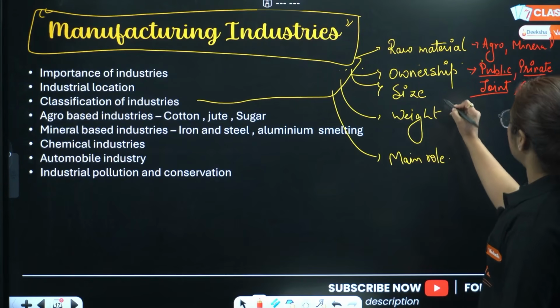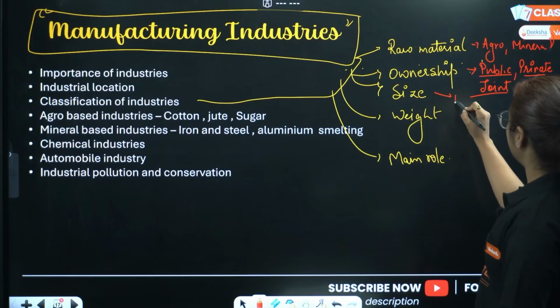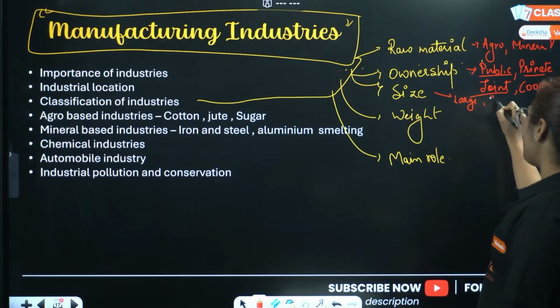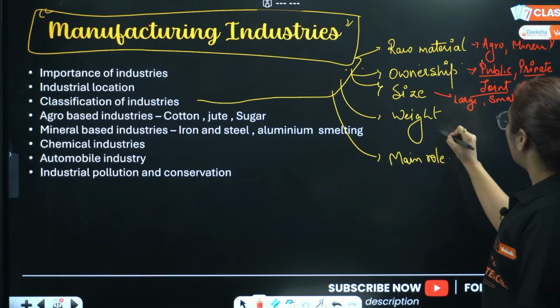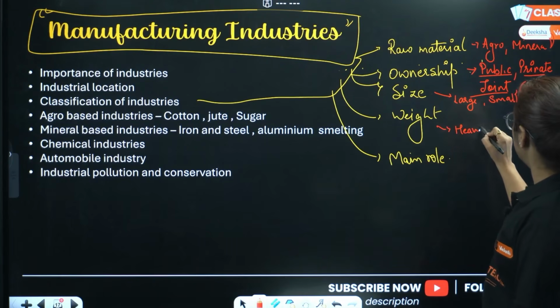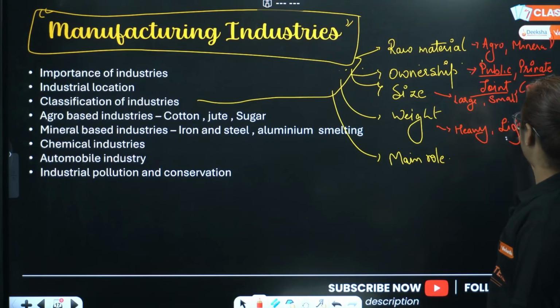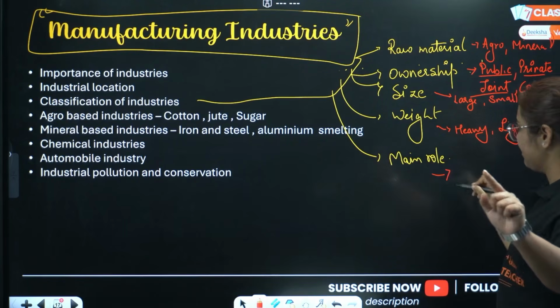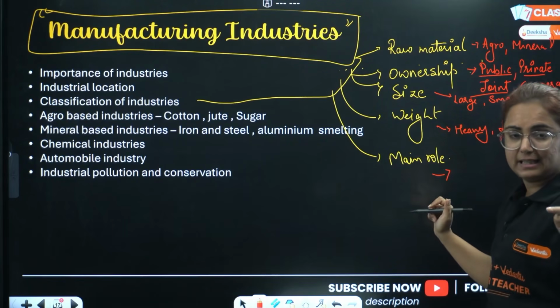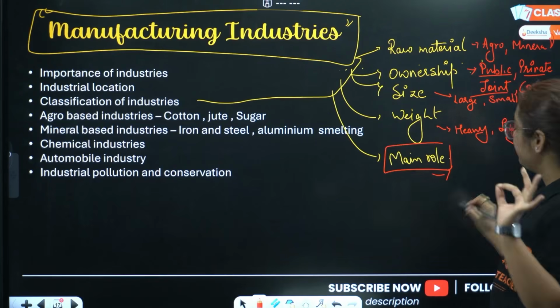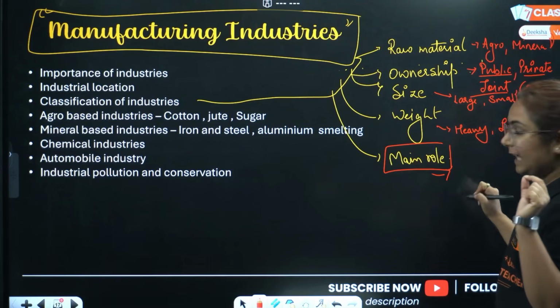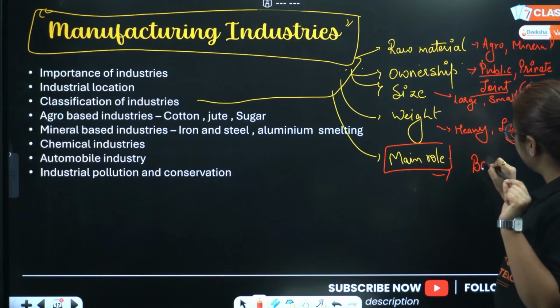Now, according to size, they can be large industry or small industry, which is basically on the basis of capital. By weight, heavy industry and light industry. Good. Main role is important, students get confused in this. What are the types of industries on the basis of main role? First one is basic or key industry.